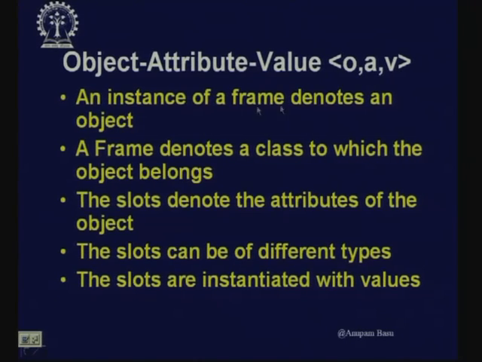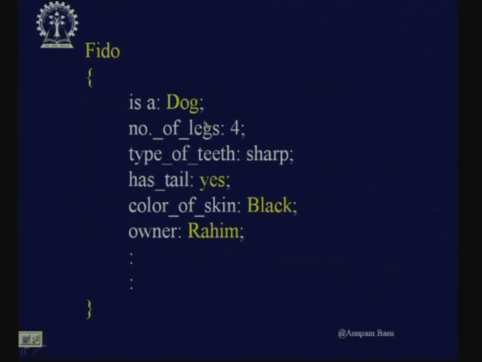Say if I take this object or instance, this attribute and this value, what would be the equivalent proposition? Can you tell? If I write in our well known propositional logic, we would say number of legs of Fido is 4, right.